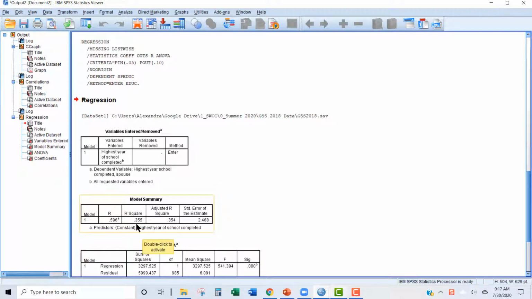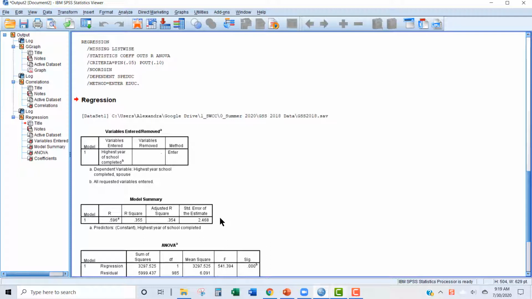Now we also have R squared. And remember, that is the coefficient of determination. That indicates the proportion of variance of the dependent variable that can be explained by the variation that occurs in the independent variable, which in this case was education. So we can say that 35.5% of the variation in spouse's education can be explained based on the amount of variation that occurs in the respondent's education. The standard error of the estimate indicates the amount of dispersion for the prediction equation.